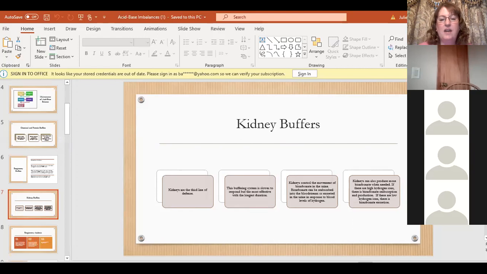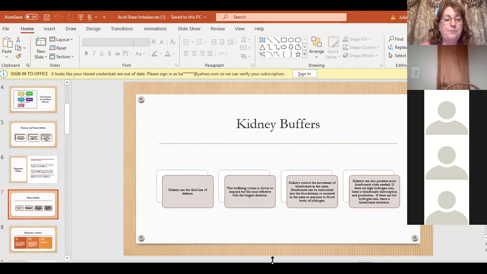Like if I have kidney failure or chronic kidney disease, I am not going to be able to have my kidney buffer kick in to fix this, because my kidneys aren't working as well as they should. Okay, so that's the buffering systems that we have to try to get our body back into balance with our pH. So then we're going to go into the different disorders.